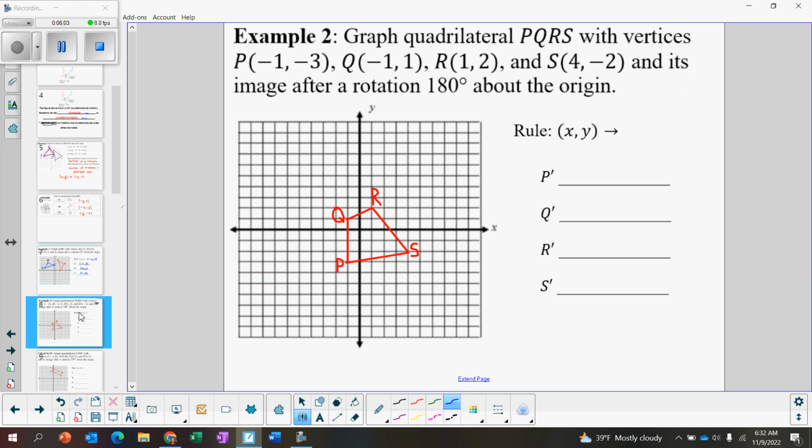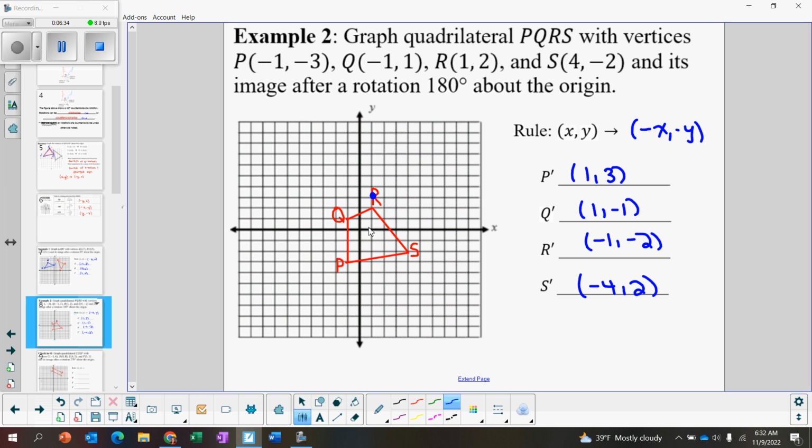All right, next example, I'm going to do the same thing. This time I want a 180-degree rotation. So we know that rule is (-x, -y). So everything's just going to change its signs. So a negative 1 and a negative 3 become positive 1 and positive 3. A negative 1 and a positive 1 become positive 1 and negative 1. Then we have (-1, -2) and (-4, 2).